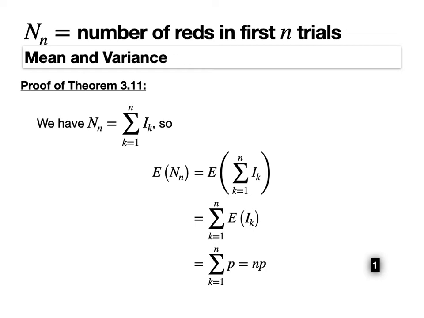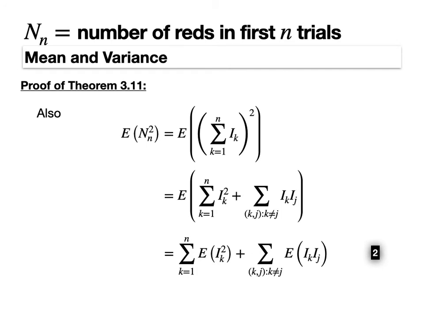But we know that expected value is linear, and so the expected value of the sum is the sum of the expected values. And then we also know from our previous theorem that the expected value of each I sub k is just p. So that means we have a sum of n copies of p, which is just np. And that, therefore, is our expected value. So that result follows easily from basic properties of expected value and basic properties of the indicator variable.